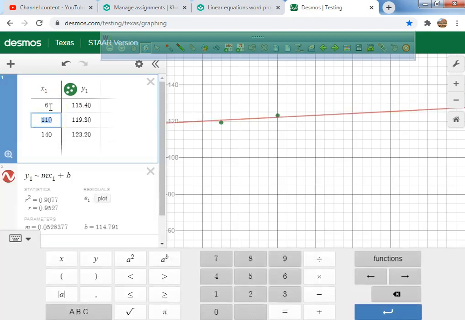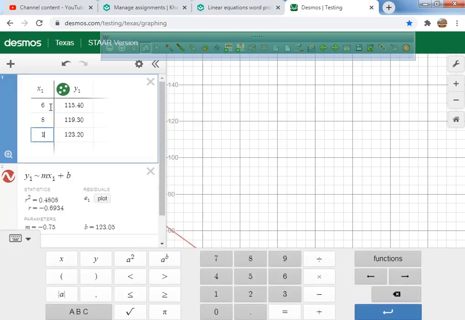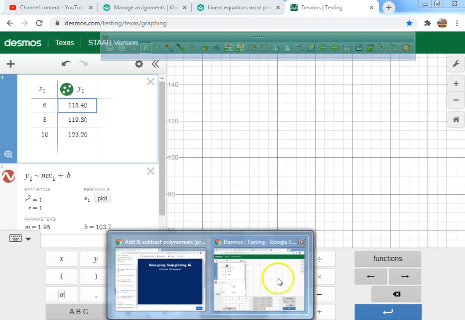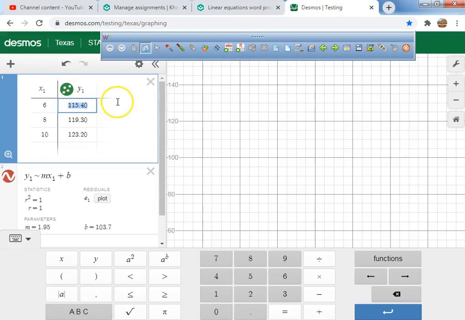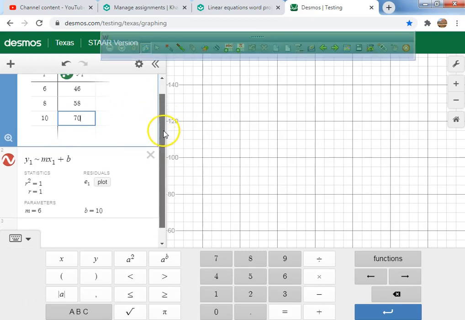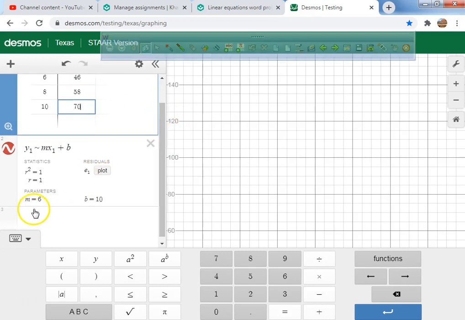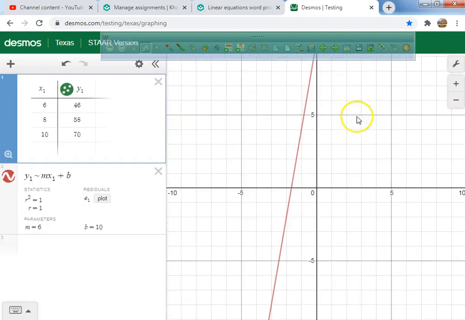I think this was a 6, this was an 8, this was a 10, and then over here we had 46, 58, and then 70. Listen, you can put it into Desmos and it gives you the slope and the y-intercept. You've got to hit home to be able to see it though.